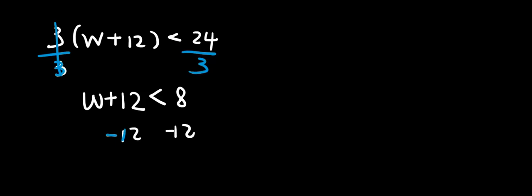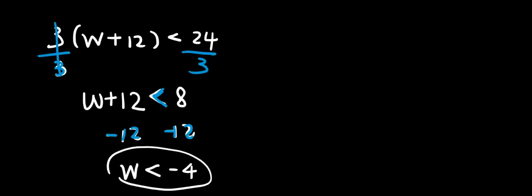Minus 12 on each side is the subtraction property of inequality. All right, each step has a reason why I'm doing this, because I will get you ready for geometry. When you do geometry, you're going to use these reasons. And then w is less than 8 minus 12. That is negative 4. That is your solution.